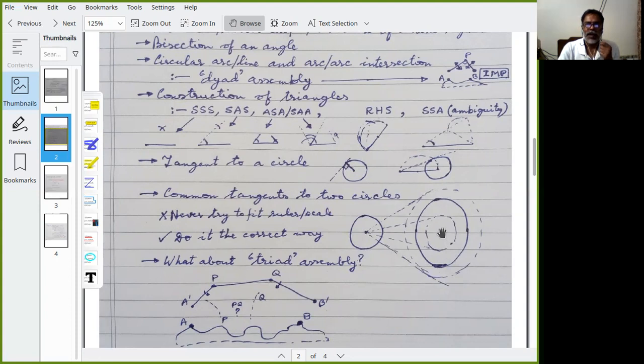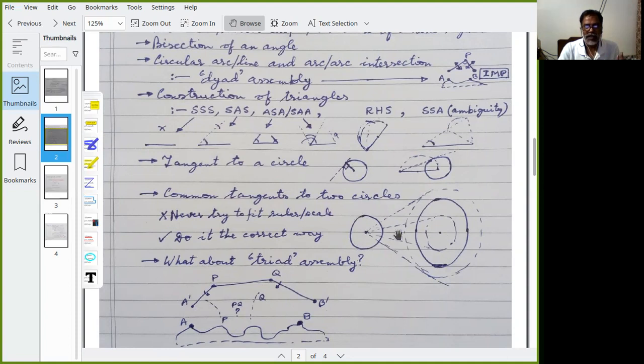For this tangent, wherever it touches, that point and the center you join and extend. And parallel to that, you make this, and wherever the two perpendicular lines cut this circle and that circle, you join those. Similarly, on the lower side. This will be the pair of direct tangents.